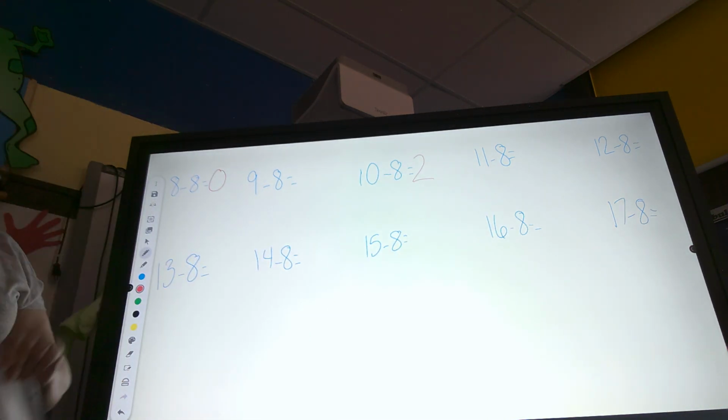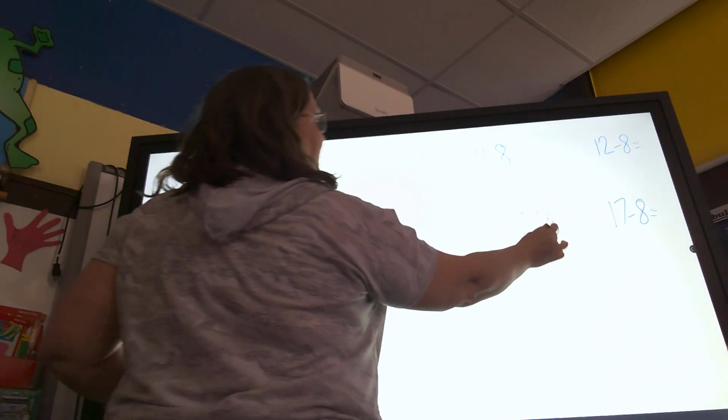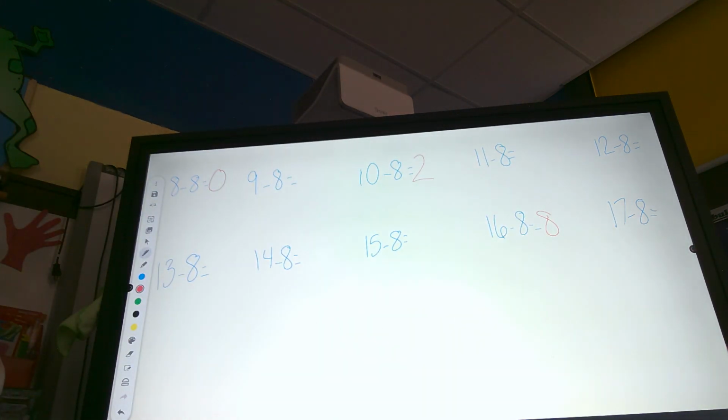All right, which one of these has a difference of 8? 16 minus 8, because 8 plus 8 is 16. Which one of these has a difference of 5? So we can think of it as, well, 5 plus 8 equals? 13 minus 8.